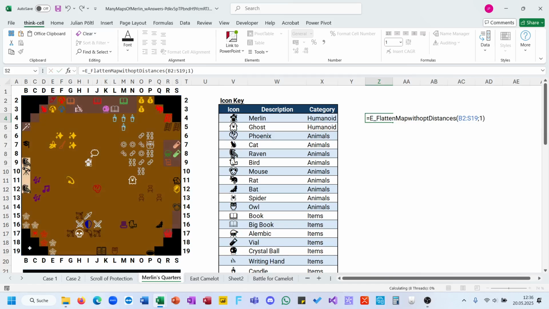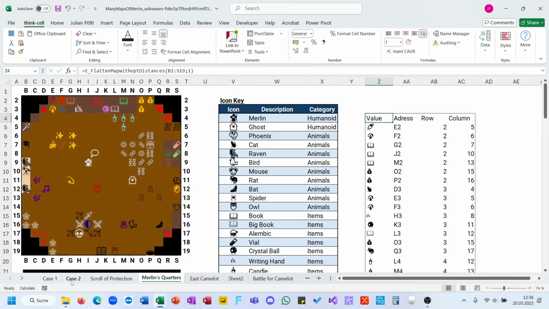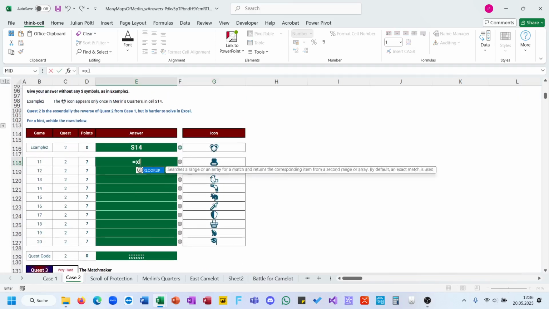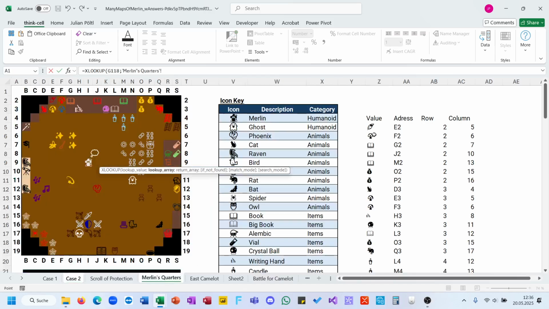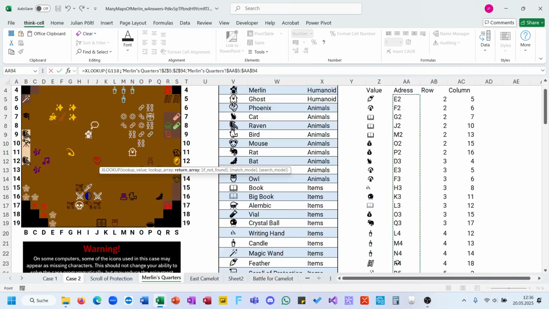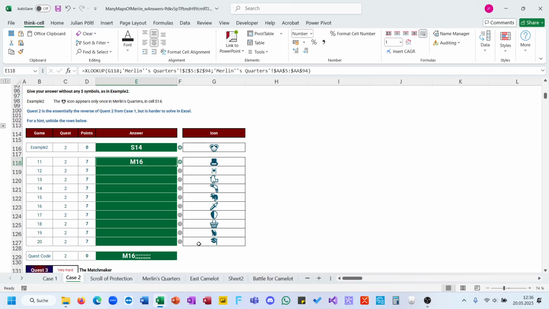Filter values, yes. And now I do an, this is buggy, XLOOKUP for this icon in here, returning the address. Okay.